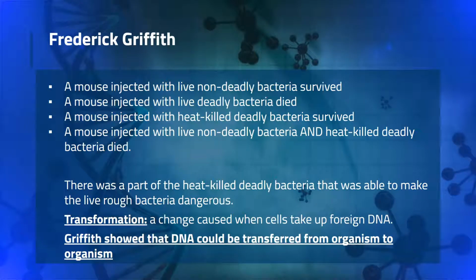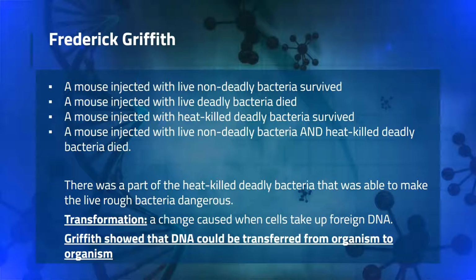Well, part of the heat-killed deadly bacteria was able to make it into the live non-deadly strain. Essentially, even though the heat-killed bacteria is dead, it still contains the DNA that contains the proteins for making deadly bacteria. So the living bacteria that beforehand was non-deadly was able to take up some of the DNA from the deadly strain.